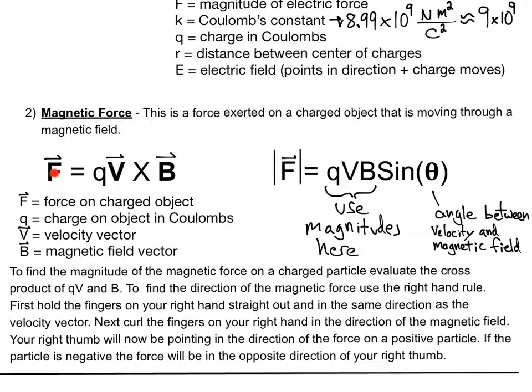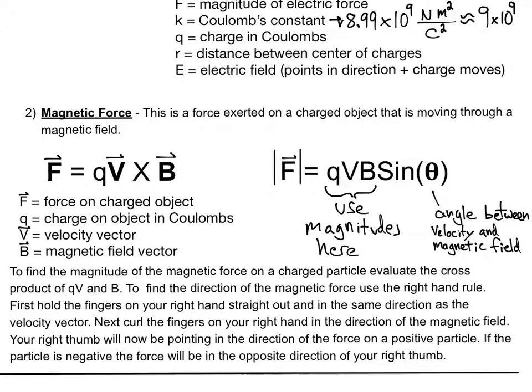The force on the charged particle will be the charge times the velocity vector, and this is not a multiply symbol, this is a cross product. So it's QV cross B. B is the magnetic field vector. V is the velocity vector. We'll talk a little bit more about this later.